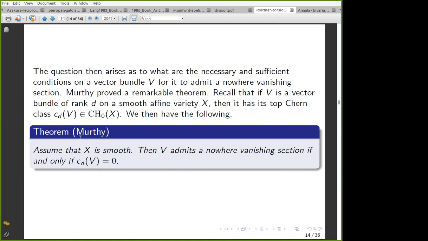Now here is the theorem of Murthy. Murthy says that if X is smooth, then V admits a nowhere vanishing section if and only if its top Chern class vanishes. That's the very beautiful theorem of Murthy, that you just need to check what happens to its top Chern class.